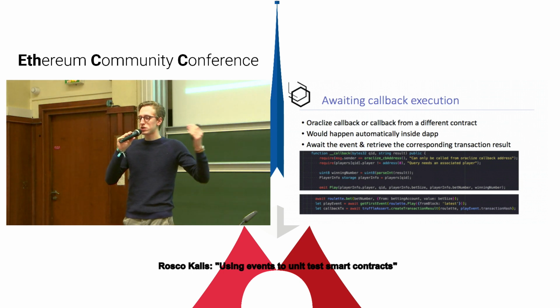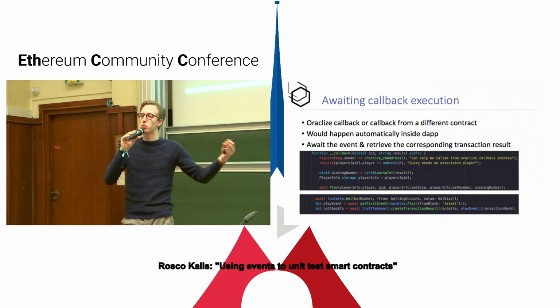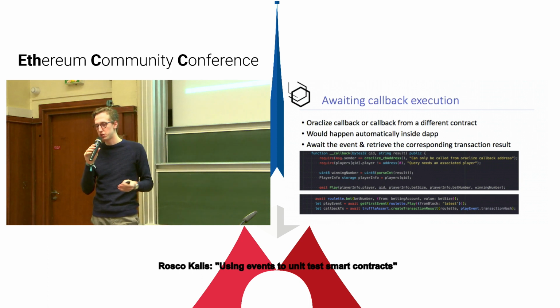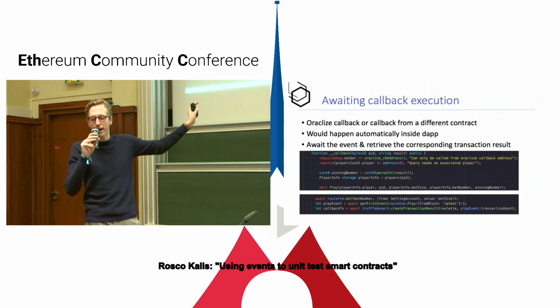And of course, if you're creating a dApp, then this function would automatically be called, and then you would have your backend code somewhere set up to handle this function call, and probably update your UI in some way.